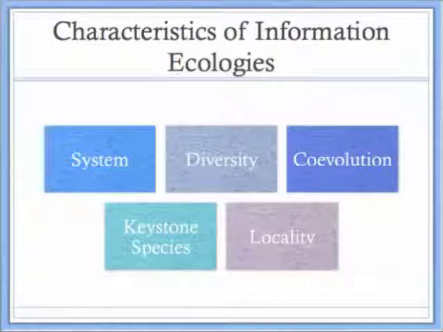The next characteristic is coevolution, and a healthy ecology is not static or even at an equilibrium. It is able to adapt to change. A school is an evolving information ecology. The pace of new technology development means that schools will always be moving towards new tools, and therefore staff and students need to be willing to participate and evolve with these new technologies as part of their information ecology.